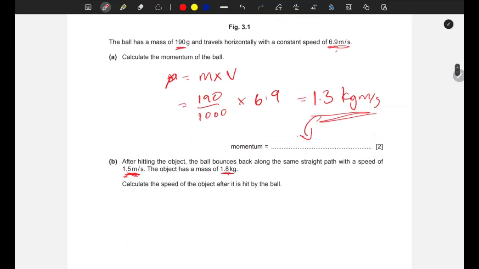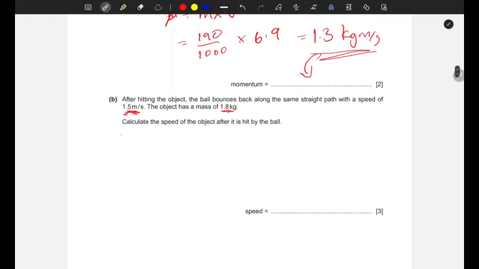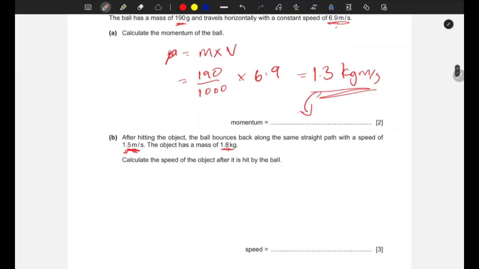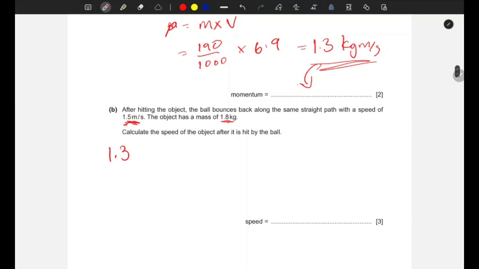So now we use the conservation of momentum. So the momentum before collision is equal to the momentum after collision. The momentum before collision is 1.3, so 1.3 should be equal to the momentum after collision. Now we have two bodies in the second part. The first one is a ball, which is moving at 1.5 meters per second. And the momentum is mass times velocity always.